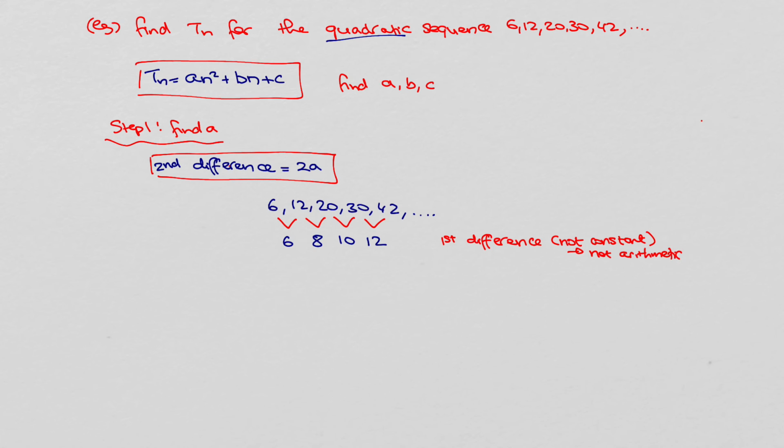And therefore, if we look at the second difference, I can see clearly it's going up in twos. So 8 minus 6 is 2, 10 minus 8 is 2, 12 minus 10 is 2. So our second difference is constant, therefore it is definitely a quadratic.